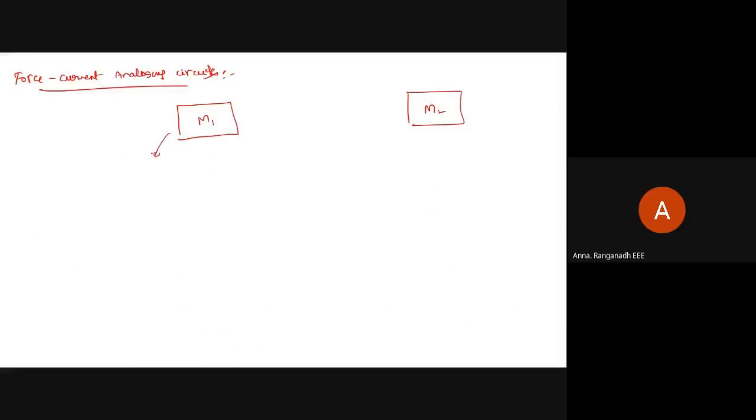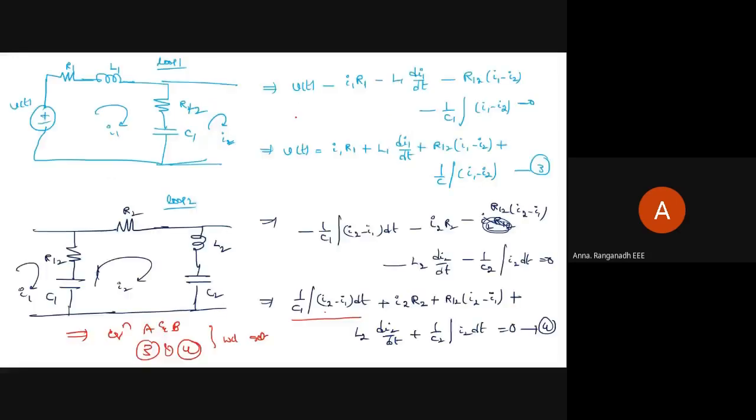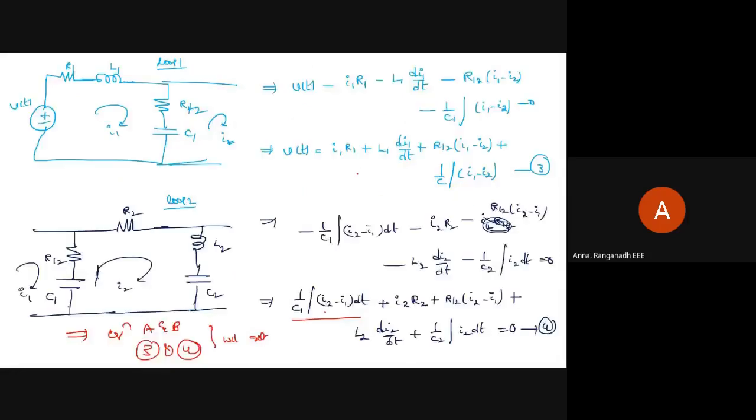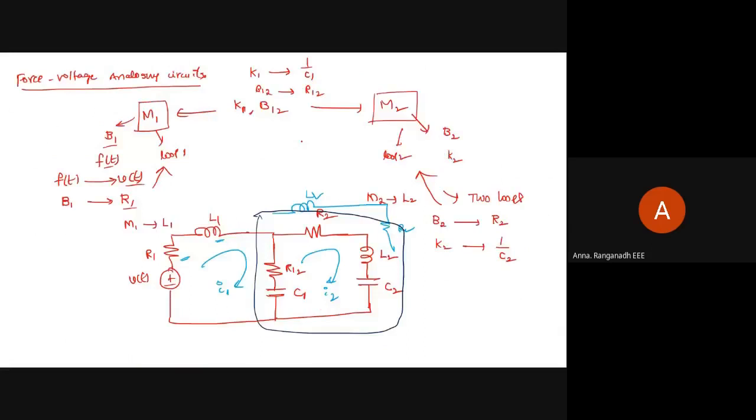For M1, the elements are f of t and B1. Between M1 and M2, one is B12 and one more element is K1. For M2, the elements are B2 and K2. Same elements, whatever I consider here, same elements I am going to take.